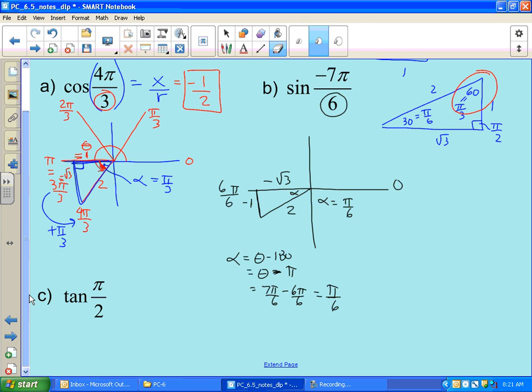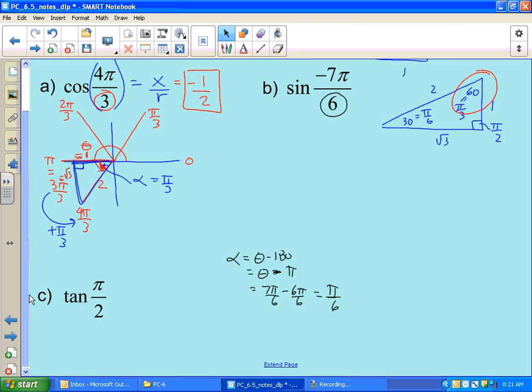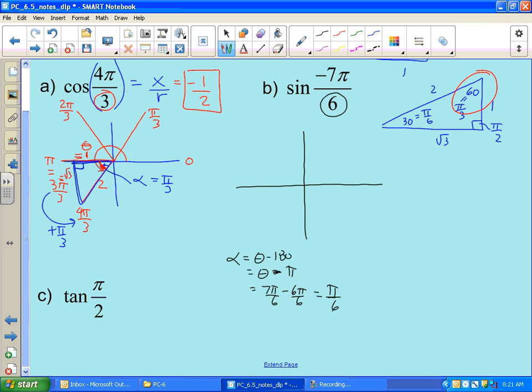All right. Still would have the same reference angle, but, okay, let's clean this up. Same reference angle, pi over 6, but I went negative rotation. So I went this way. So my triangle is actually going to be over here. There's my alpha. That's still a negative root 3.